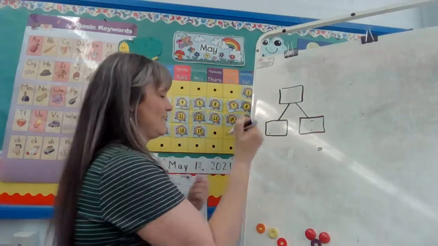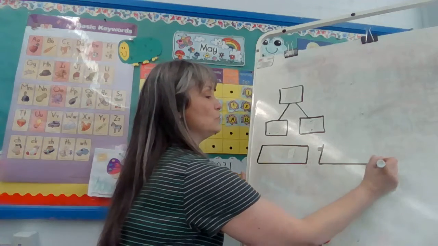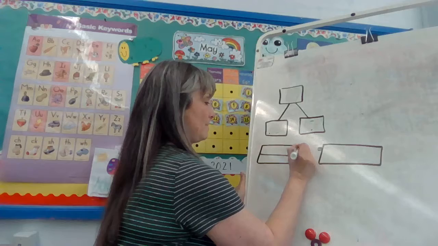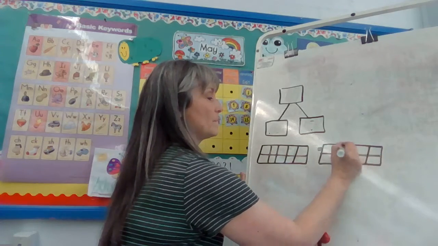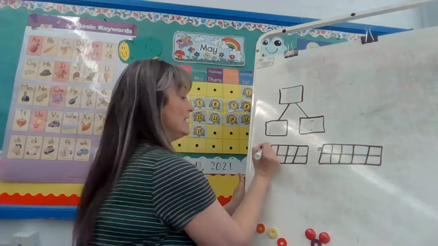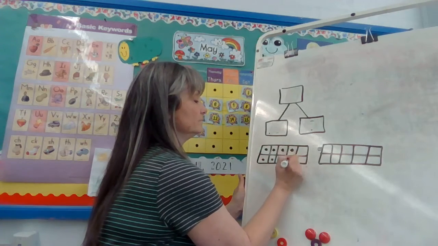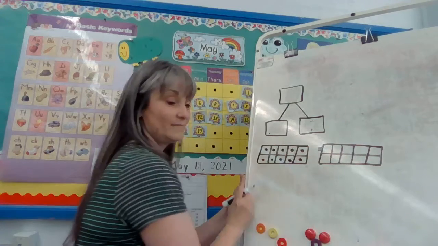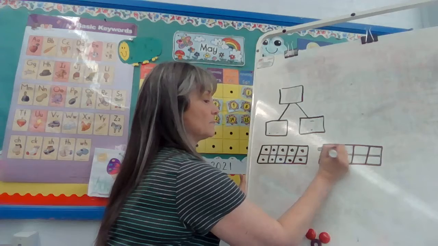Well, sometimes they might like to get even a little trickier, but it won't work, will it? What if they put up 2 10 frames? Are you already thinking about it? Now they're going to fill one of the 10 frames. And then this frame, what if they did this?